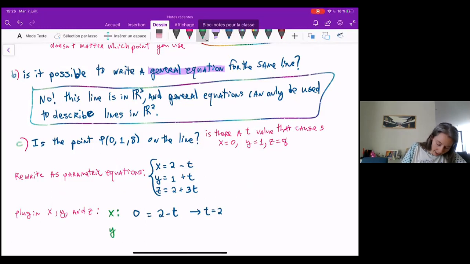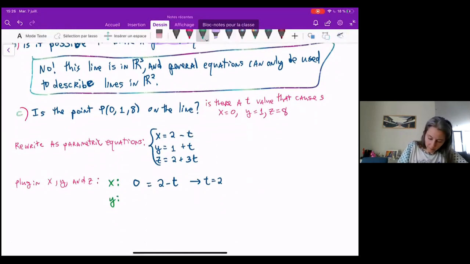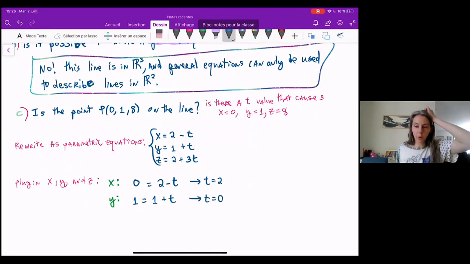For my y value, 1 is equal to 1 plus t, so my t would have to be equal to 0. Meaning the t that makes x 0 and the t that makes y 1 are different t's.